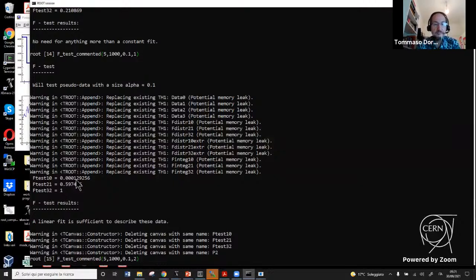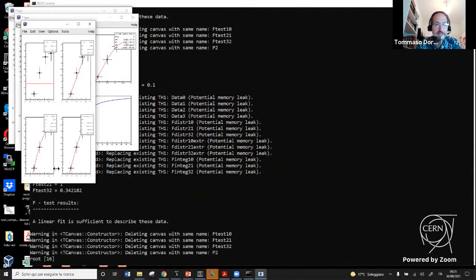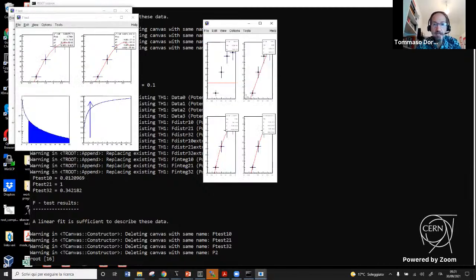Now, maybe things get a little bit more interesting if we decrease the number of data, because then the power of the data is smaller, and we will try to generate a quadratic data set and see what the Fisher test does. And you see that again, this quadratic data set is well fit by a quadratic, and it is reasonably fit also by a linear function.